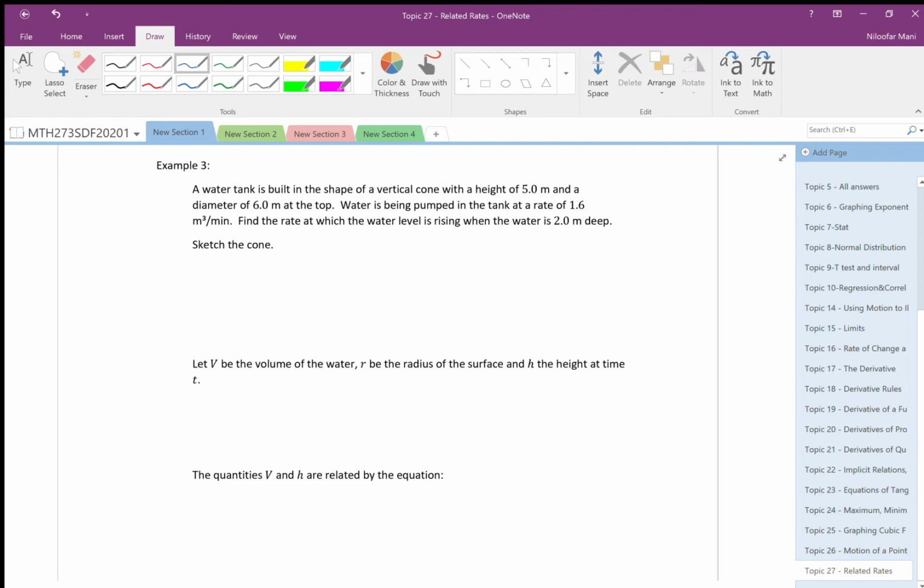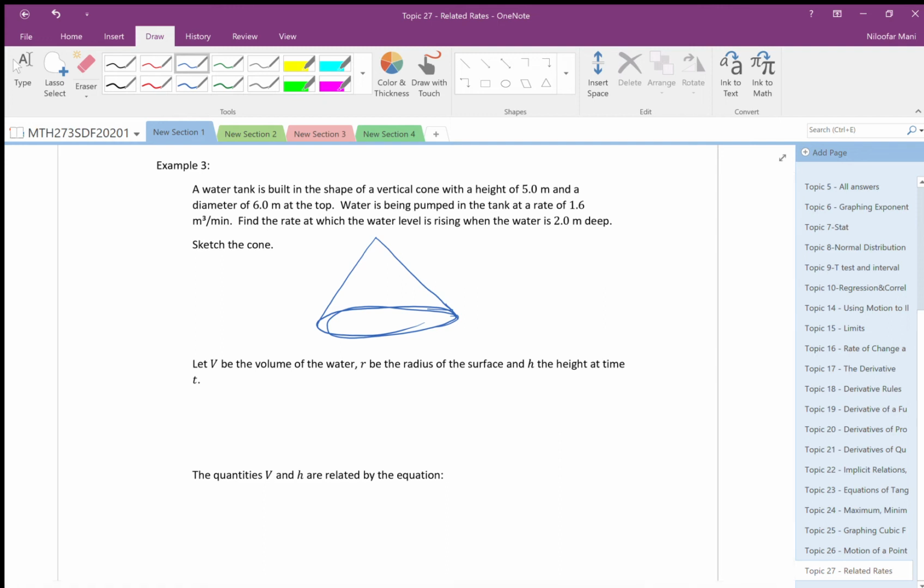So look at this. The water tank is built in the shape of vertical cone. So I have this way. Maybe I can make it more beautiful. So vertical cone.